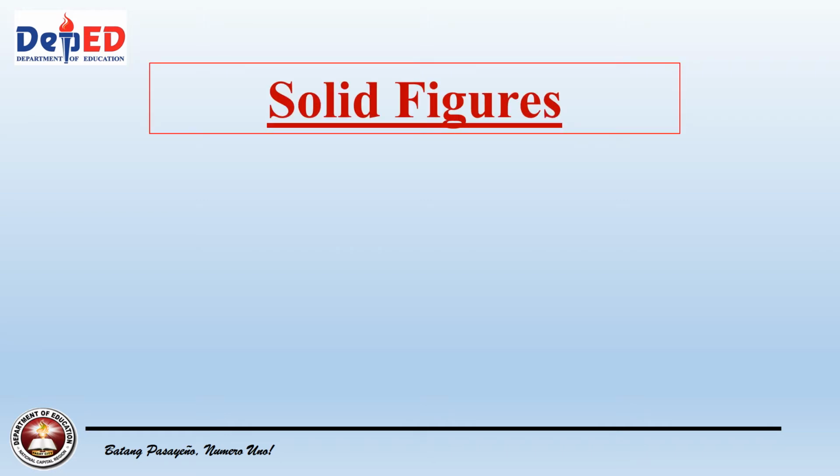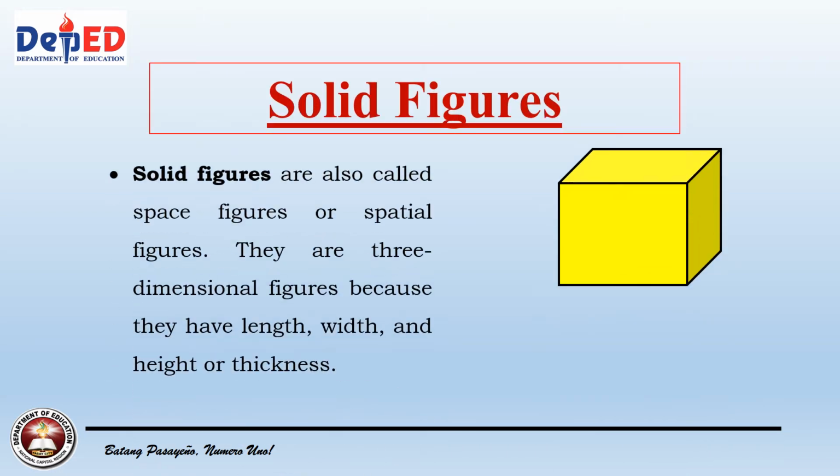What are solid figures? Based on the definition, solid figures are also called space figures or spatial figures. They are three-dimensional figures because they have length, width, and height or thickness.